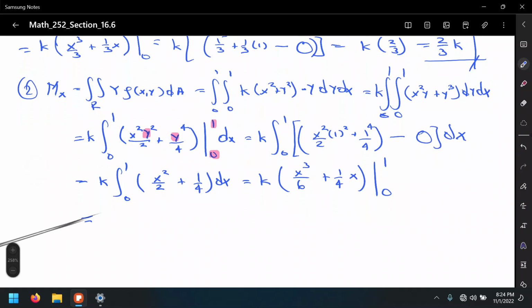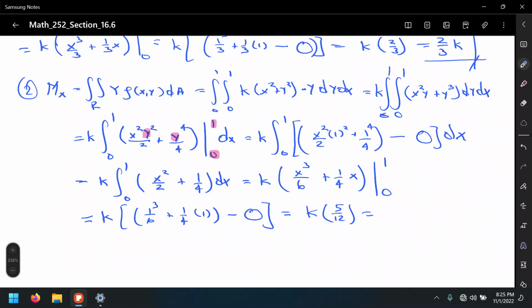Upper limit minus lower limit: 1 cubed over 6 plus 1/4 times 1, minus another big 0. That's 1/6 plus 1/4. The greatest common factor is 12, which gives a total of k times 5 over 12. Cleaning up, that's 5/12 of k.